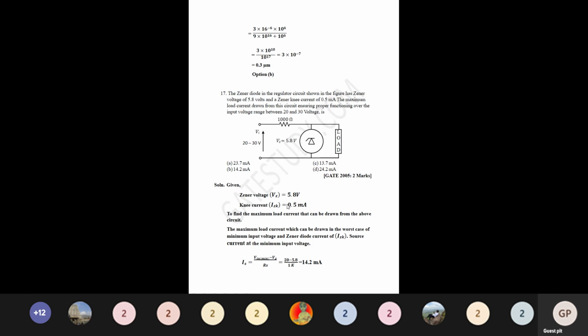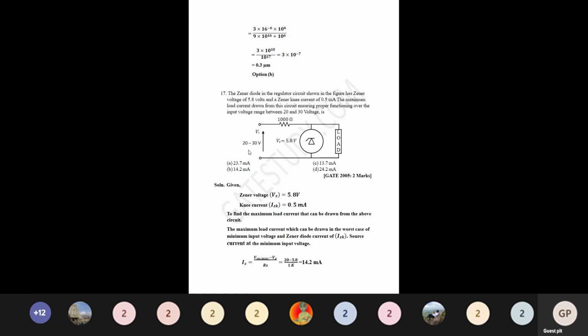Zener voltage is 5.8 volt, knee current is 0.5 milliampere. To find the maximum load current that can be drawn from the circuit, consider the worst case of minimum input voltage and Zener diode current. Source current at the minimum input voltage, Is is equal to Vin minimum minus Vz by Rs.